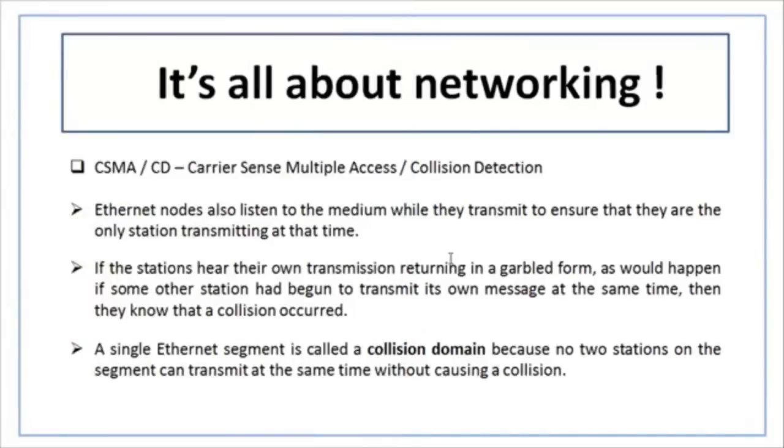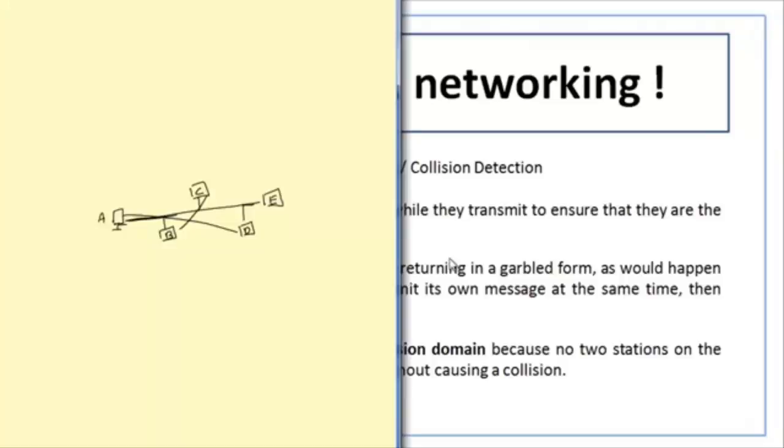The last one, a single Ethernet segment is called a collision domain. Now this is called a collision domain, this segment. So the other thing that we can see here is, so let's say A to E, and there was another way to go to E. So there are two ways A can go to E, through this and this. So now it has two collision domains.